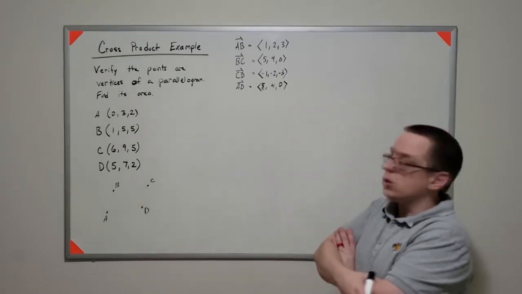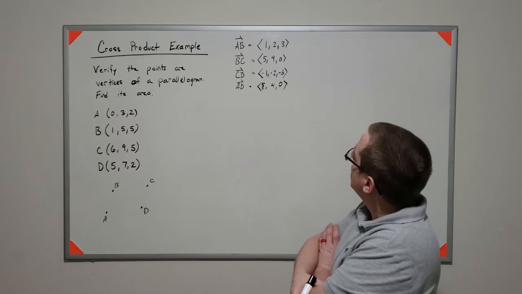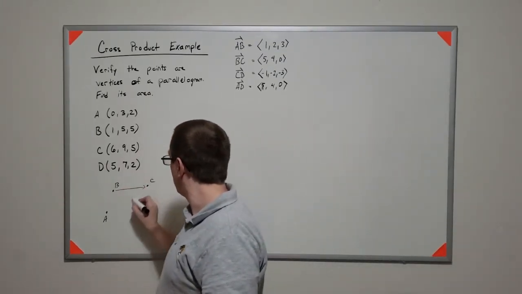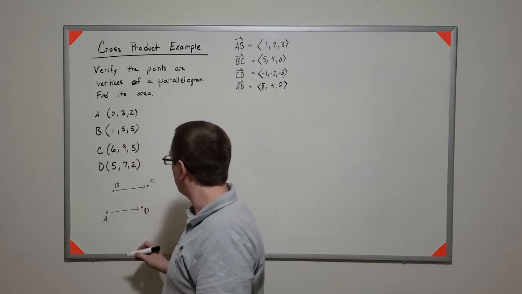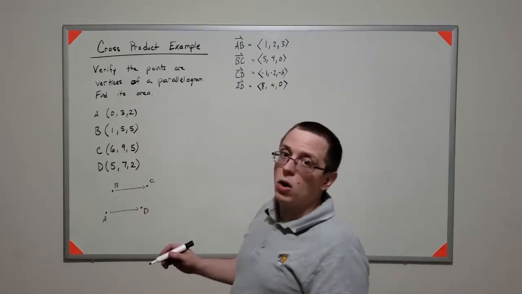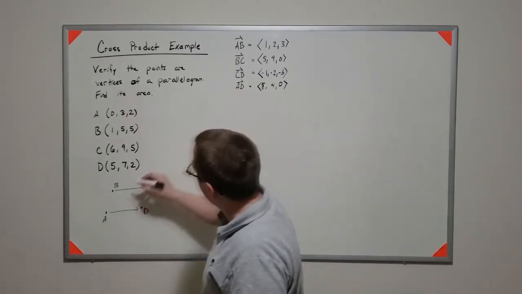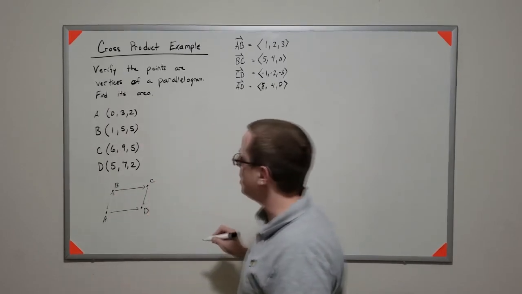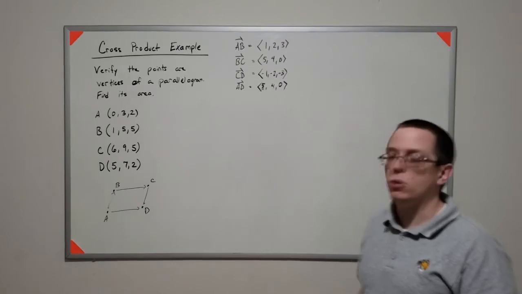Okay, so what that tells me is that BC and AD are parallel. And that also tells me that AB and CD are parallel, but they're in the opposite direction.